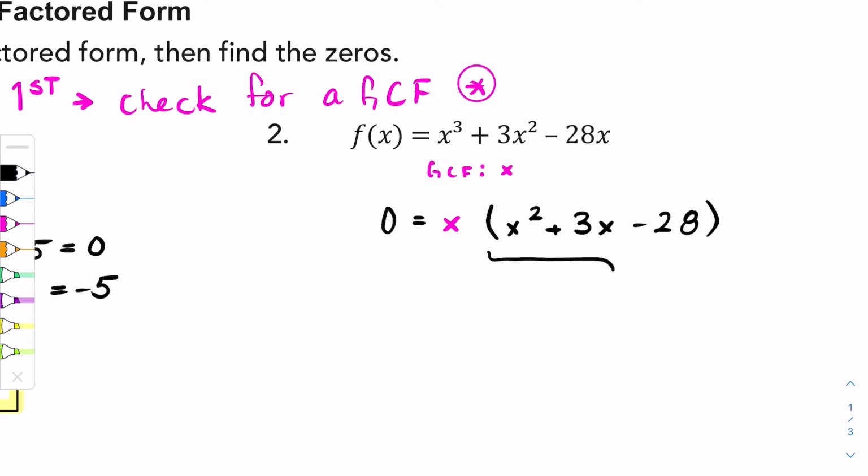And then I can factor this expression, or at least try to factor it. So I need to think to myself, are there two factors that multiply to equal negative 28, that's a times c, and the same two factors that add to equal 3? And in this case, there would be. That would be 7 and negative 4.